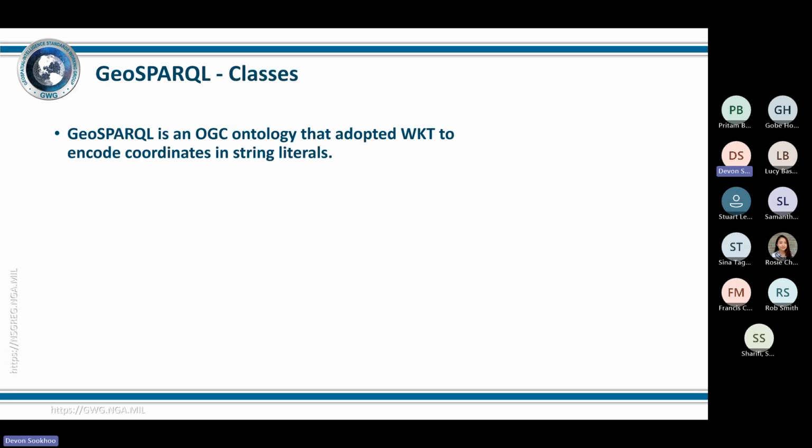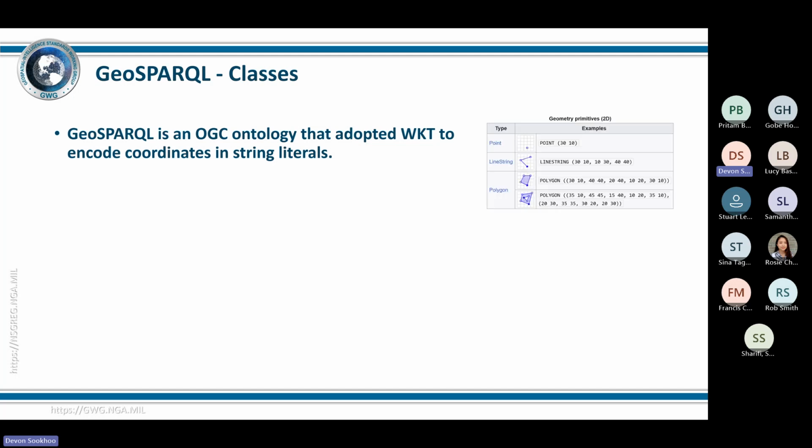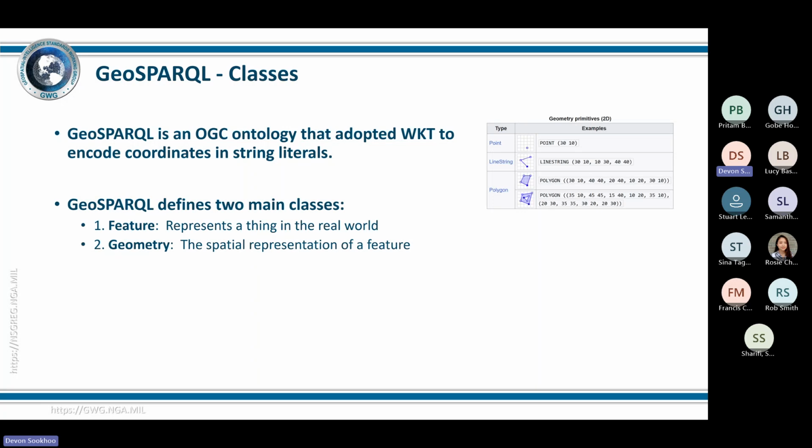Okay, so GeoSPARQL. GeoSPARQL is an OGC ontology that adopted well-known text to encode coordinates as string literals. Here are some examples of well-known text literals. You can define points, lines, and polygons. If I could summarize GeoSPARQL into two classes, it would be these two.